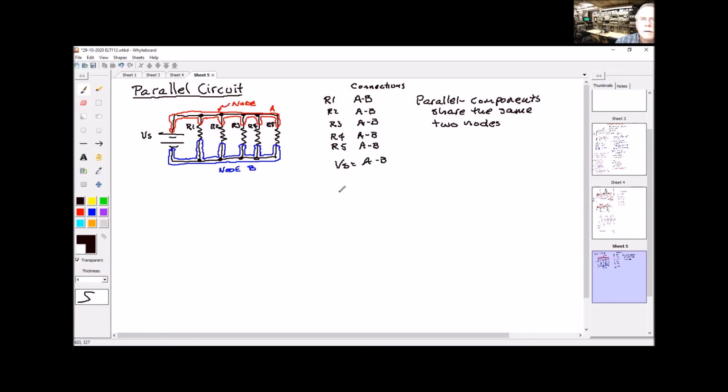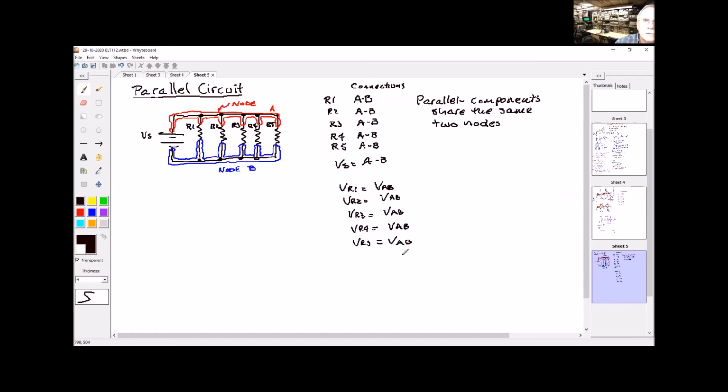So then V sub R1 would be the same as V sub AB, because it's connected between A and B. And V sub R2 would be V sub AB. And V sub R3 would be V sub AB. And V sub R4 would also be V sub AB. And V sub R5 would be equal to V sub AB.